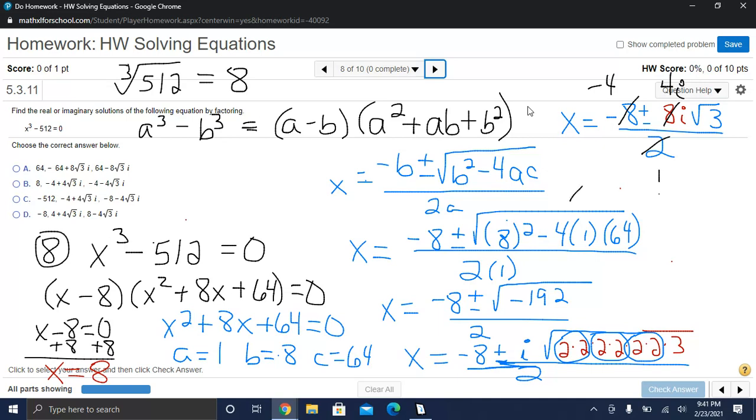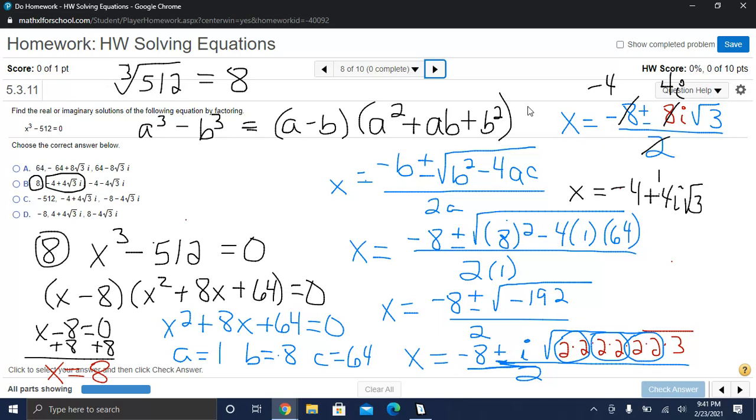So this part of my final answer is going to be x equals negative 4 plus 4i square root of 3. And as I look at my answers that would have the 8, I would need to choose an answer that has the 8, and then the negative 4 plus 4.